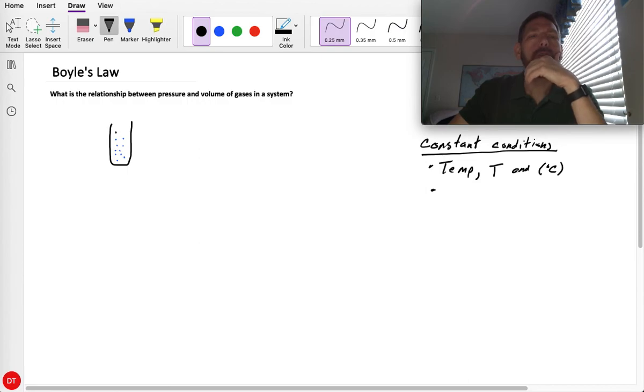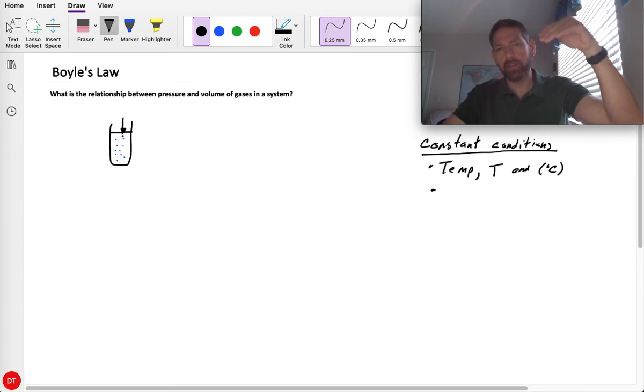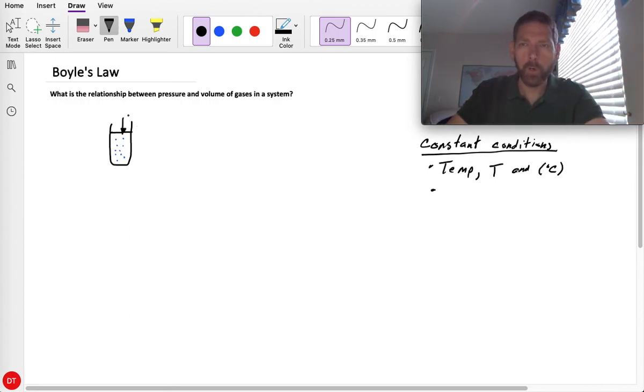So we put this into a container, and we have some way of pushing down on that. Let's just say this right here is a plunger. So right here, this represents a certain volume of space. And from here to here represents X amount of pressure, right?